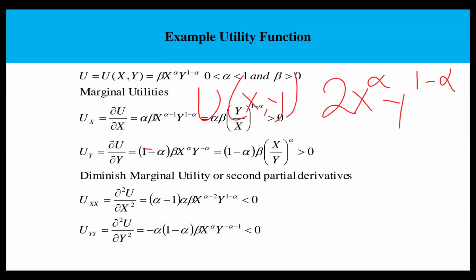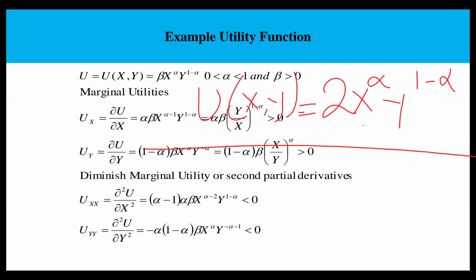I want you to do two partial derivatives. Differentiate this twice. Find the second partials. You differentiate it first with respect to x and with respect to y, and again differentiate that derivative, first with respect to x. Differentiate it again for the second time, and also differentiate the utility function with respect to y for the second time.